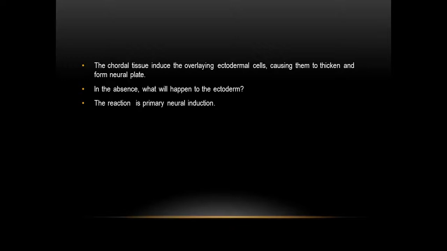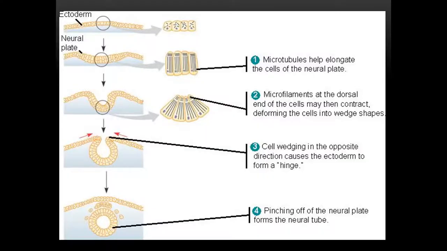In such setups, it has been shown that the excised ectoderm continued to develop as neural parts, as neural tubes, suggesting that the whole process of primary neural induction requires the presence of the tissue. Without it, no primary neural induction will take place.